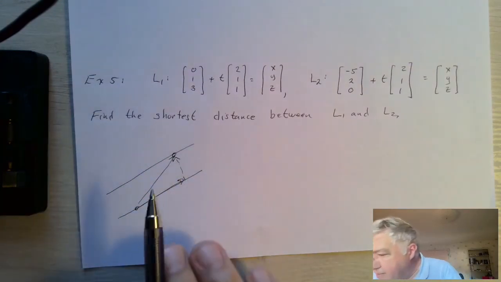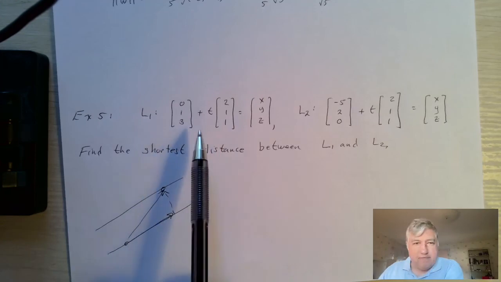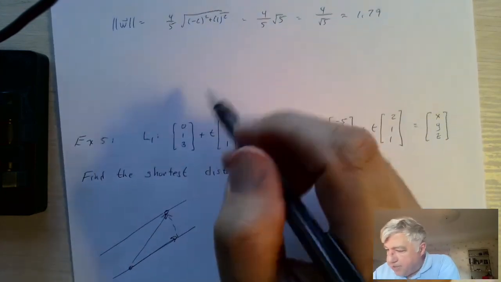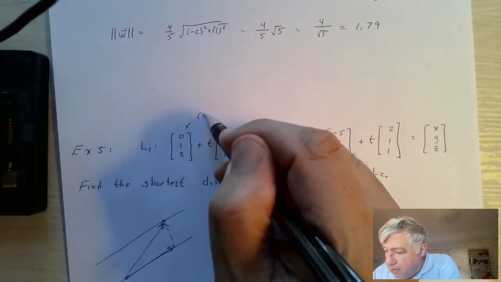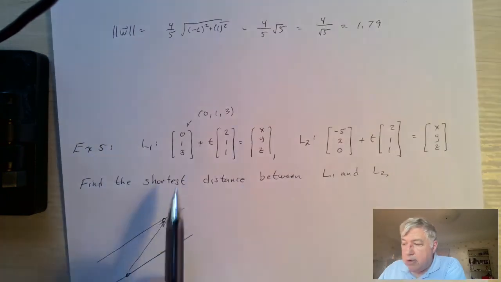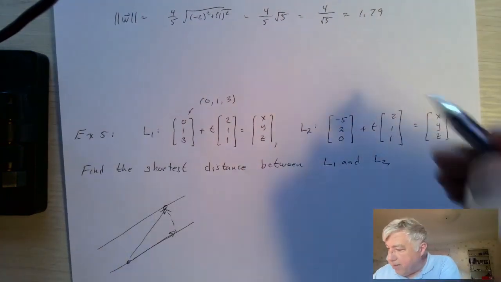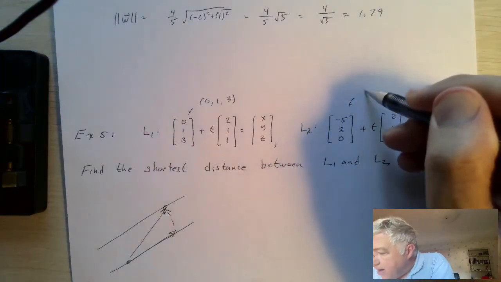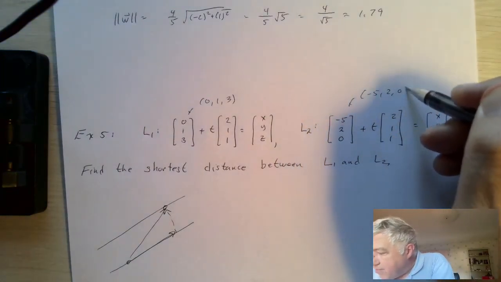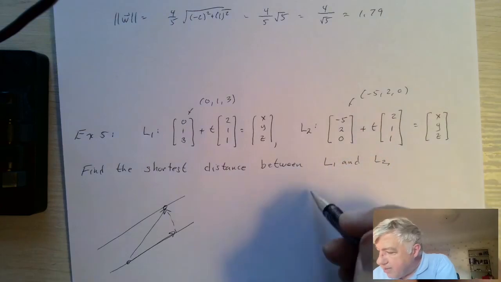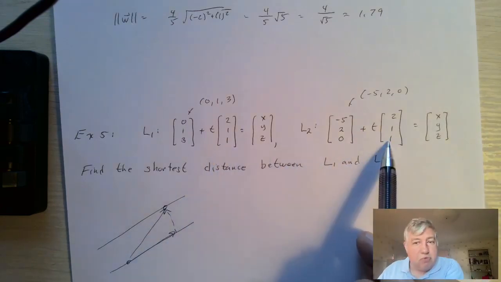You can see that in this case, these are the lines given in vector form. This tells us that the point 0, 1, 3 would be a point on the first line, and negative 5, 2, 0 would be a point on the second line. And notice that the direction vector in both cases, oh, that's very nice, they're both 2, 1, 1.